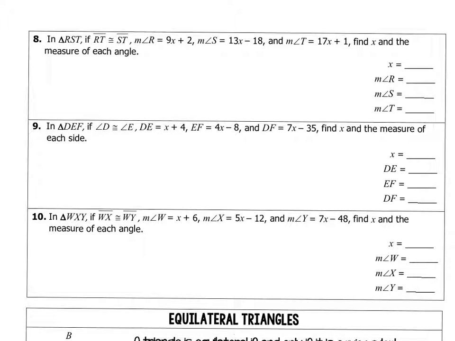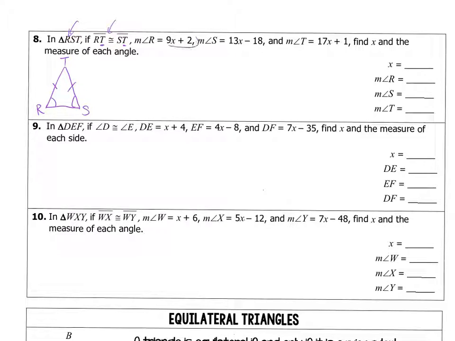This one is a little bit more complicated, so let's look at number 8. In this case, I always graph this triangle out, and notice here which one and which one are congruent. So I have an isosceles triangle in this case, and it looks like the common point is T. If RT and ST are congruent, then I would know these two angles must be congruent, right?